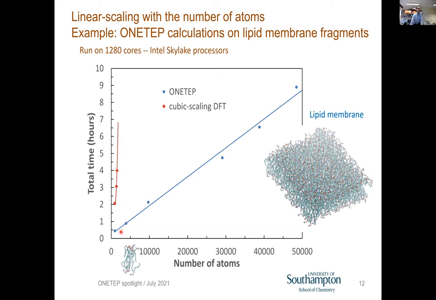Before you reach 1,000 atoms, it becomes unfeasible. So we can see how we can run big calculations, and this happens in all materials. You can use it also on crystalline solids, on any kind of material that you can do conventional DFT. You can also do linear scaling DFT with Onetep. It just happened that in this example, I'm showing biomolecular systems.